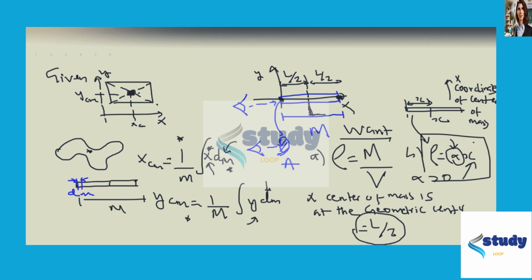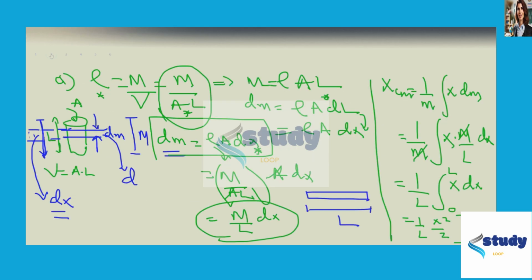For the most part, we're going to use the x. We want to find the x center of mass to see if it's the same as the geometric center, and then we're given a relationship rho equals alpha x, and we want to see what's the x coordinate of the center of mass. We use the relationship of rho, which is mass over volume.